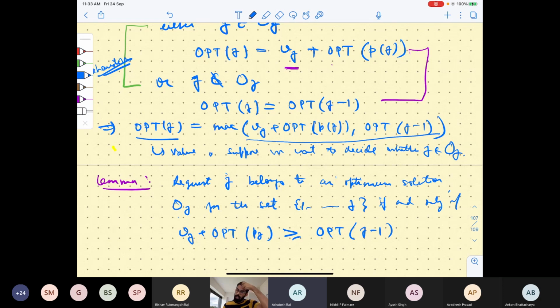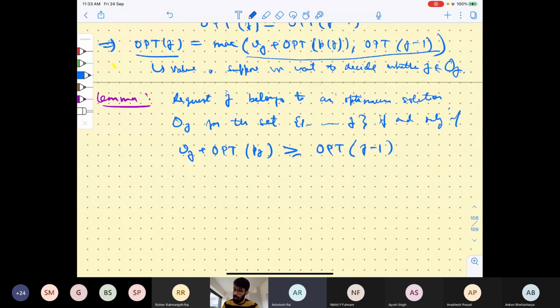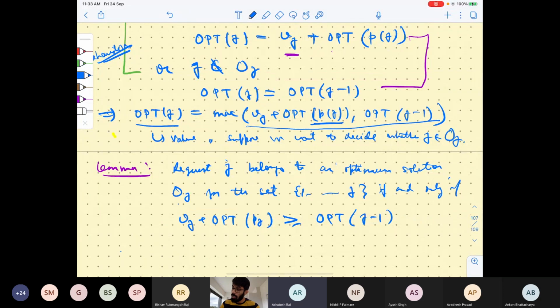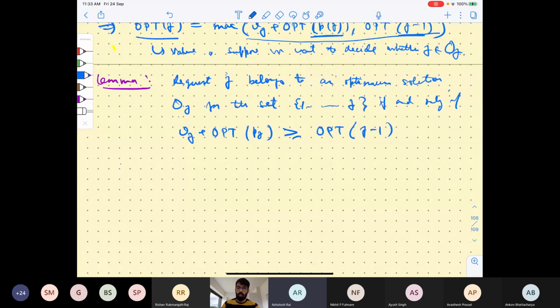good. So now this also gives us a way to compute the optimum, right? Because this is a recursive procedure that we can do, because it only uses smaller values. pj is also smaller, and j minus 1 is also smaller, right?